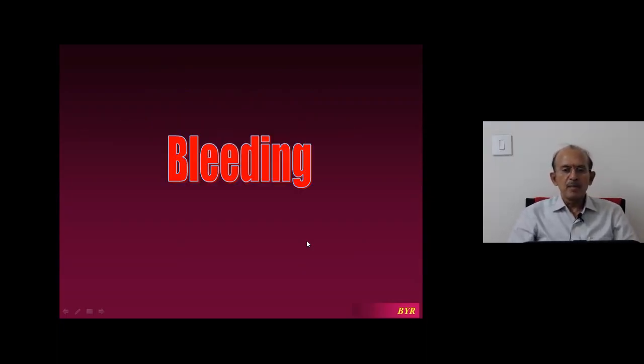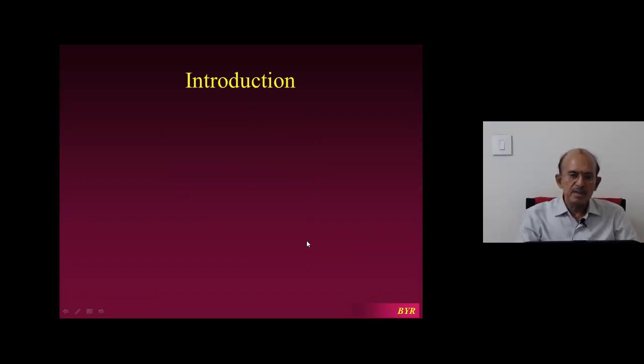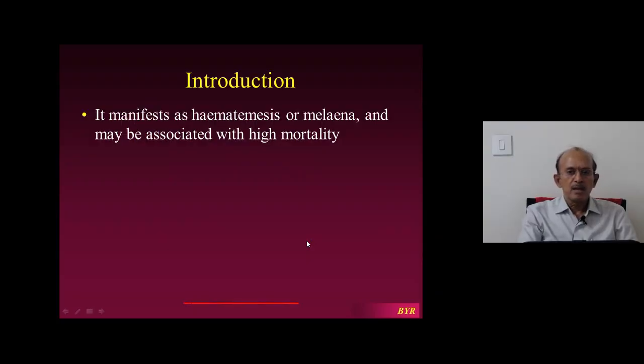So that is about the acute complication perforation. The second acute complication is bleeding from the duodenal ulcer or gastric ulcer. That is the hemorrhage. Hemorrhage manifests as hematemesis or melena and is associated with high mortality.